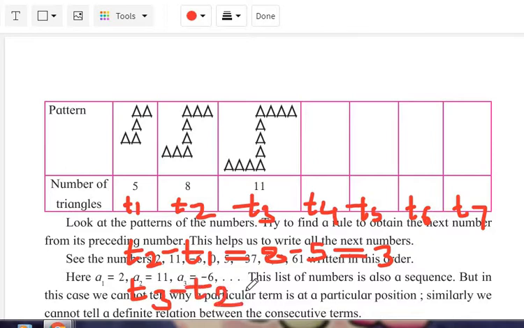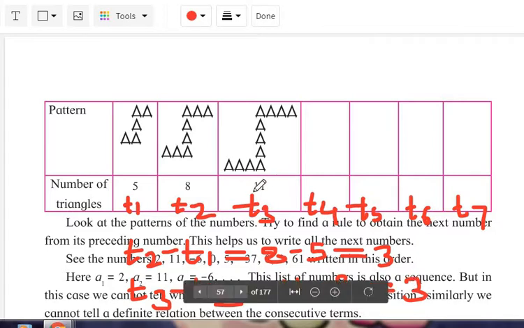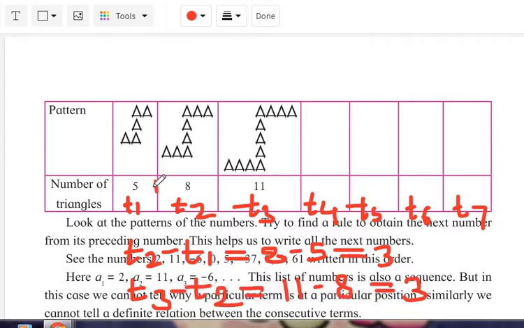These are also consecutive, meaning one after another. That is 11 minus 8, which is 3. Similarly, 5 plus 3 is 8, then 8 plus 3 is 11, then 11 plus 3 is 14.